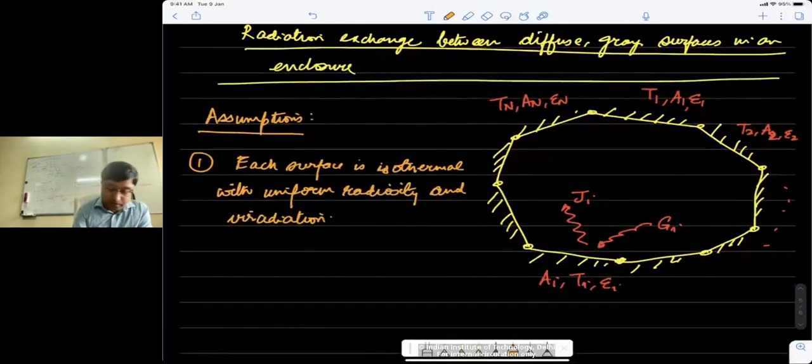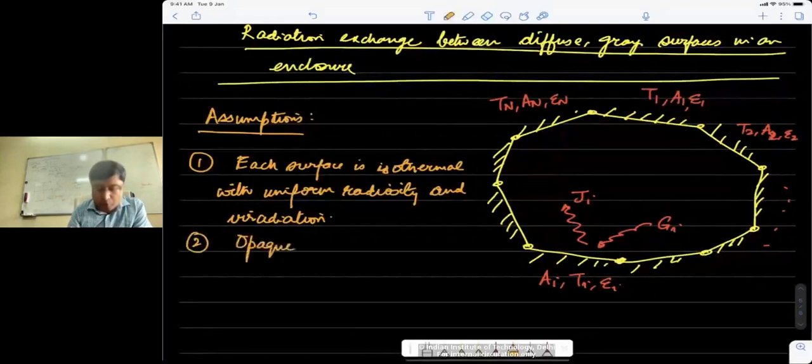So that is one. The second thing that I will assume is that the surfaces are opaque. Opaque would mean that they don't transmit any irradiation. They're diffuse, so direction dependence is gone, and they exhibit gray surface behavior.